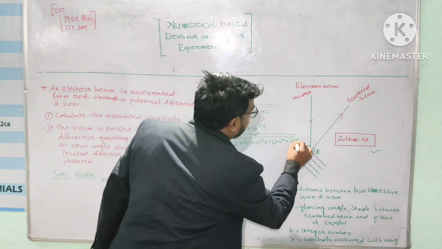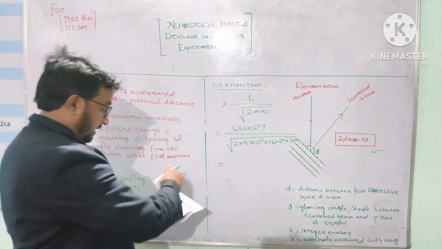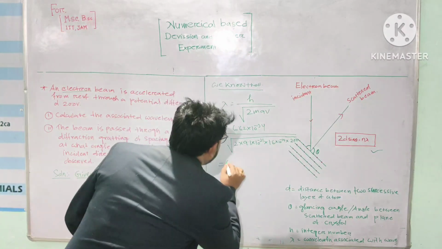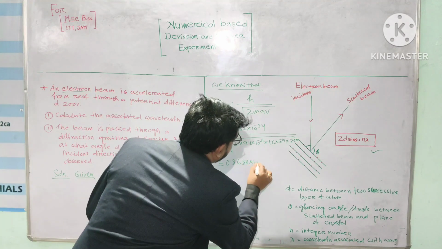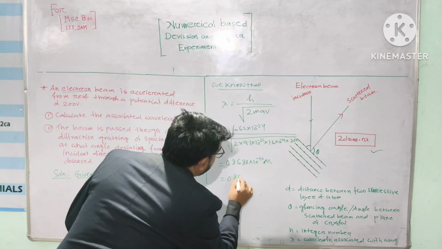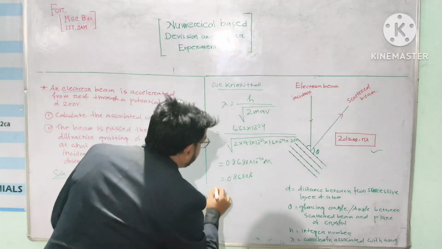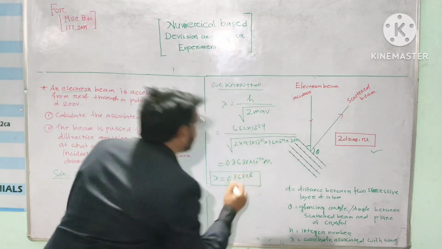After solving this part we get 0.8688 into 10 to the power minus 10 meter, and this is equal to 0.8688 angstrom, because we know that 1 angstrom equal 10 to the minus 10 meter. So this is our required wavelength associated with electron.